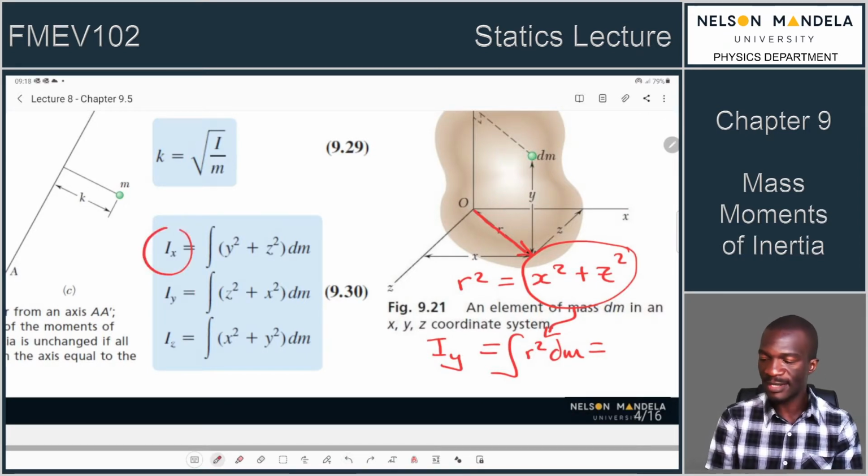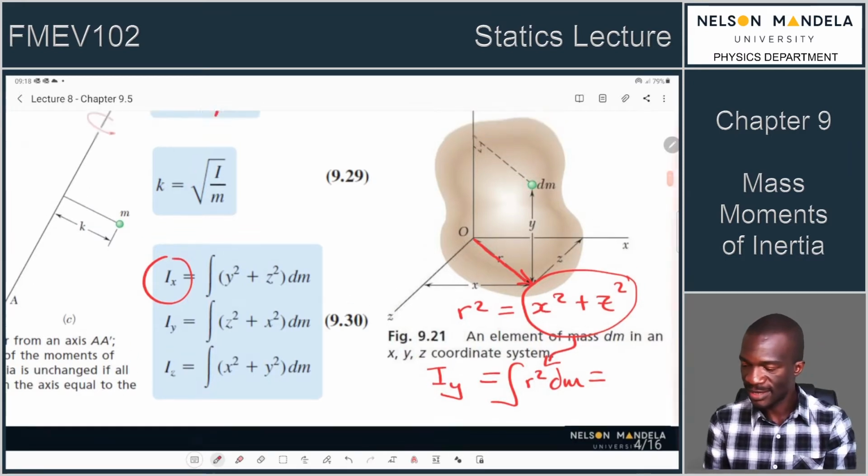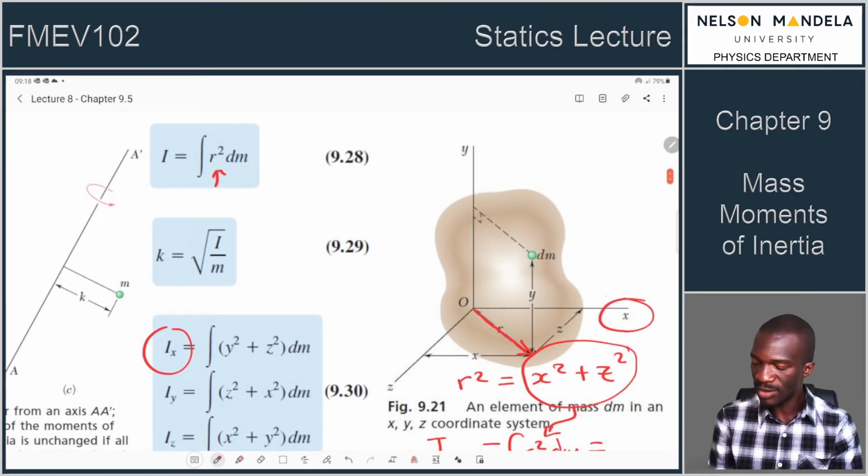The same applies for the x-axis. If we want the mass moment of inertia about the x-axis, then we are looking at the distance of our mass element from the x-axis. So what is that distance made of? It's made of some z and some y component.